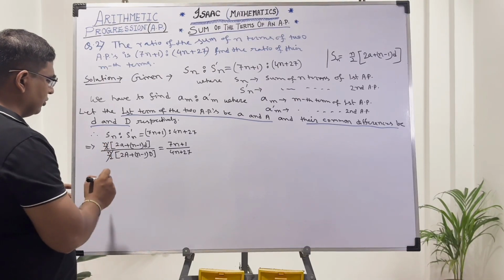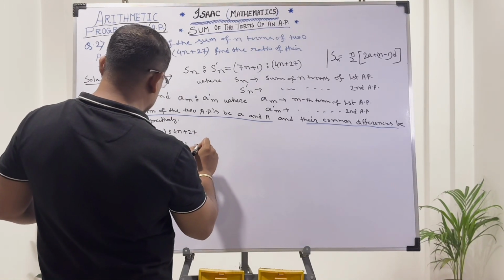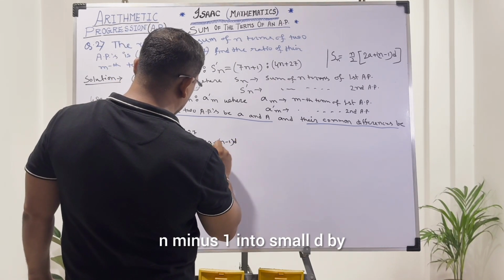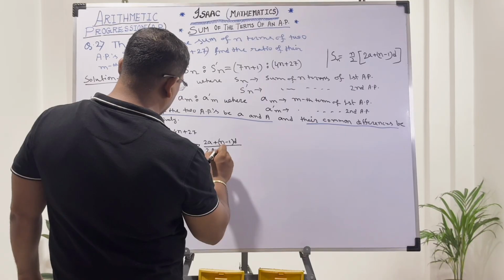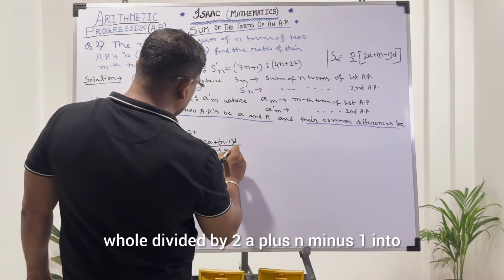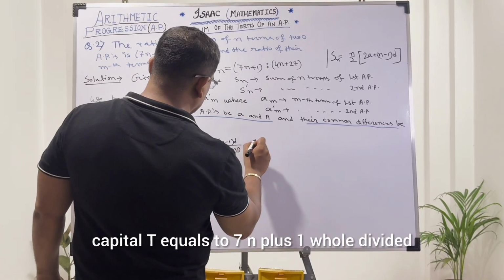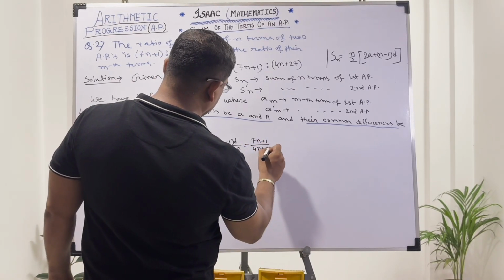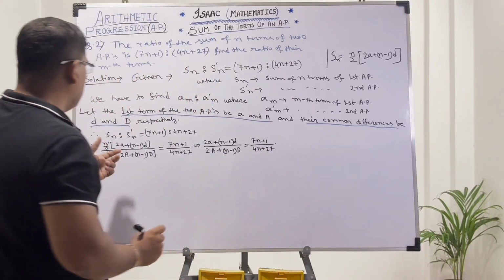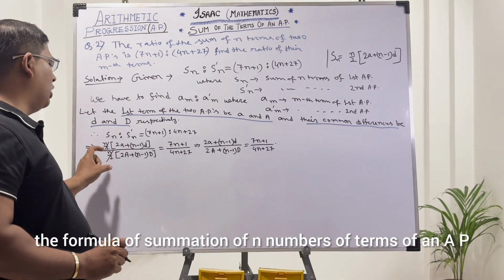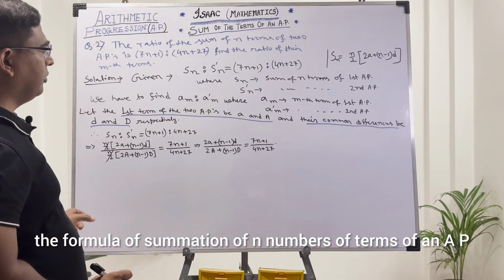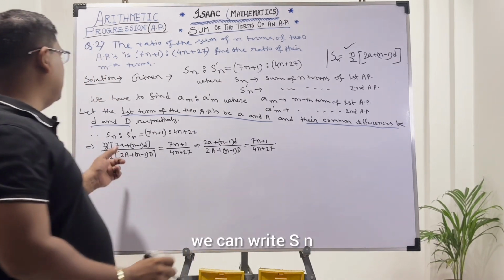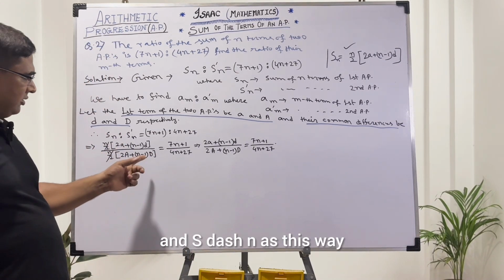Cancelling this n by 2, we get 2a plus n minus 1 into small d divided by 2a plus n minus 1 into capital D equals to 7n plus 1 divided by 4n plus 27. Okay. So, by the formula of summation of n numbers of terms of an AP, that is, by following this formula, we can write Sn and S dash n in this way.